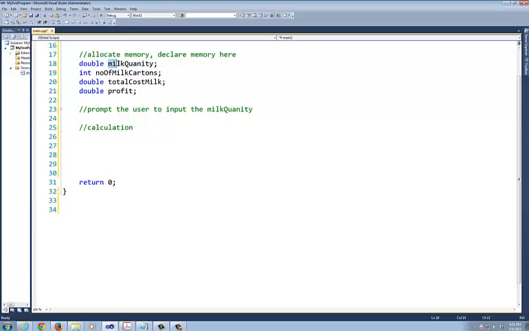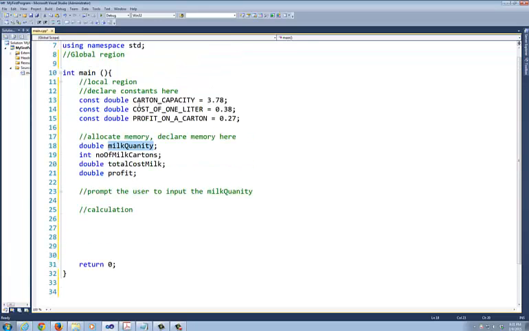You've got to take this identifier, this variable that you have, and divide it by the carton capacity, right? So let's say if I produce 50 liters, I have to divide 50 by this, and I would round that off. So I need to figure out the number of milk cartons.